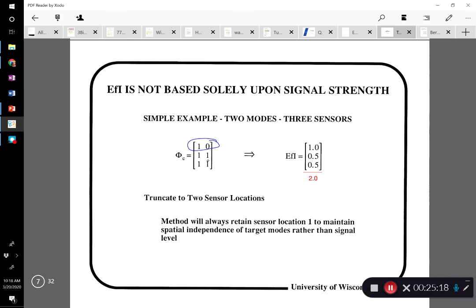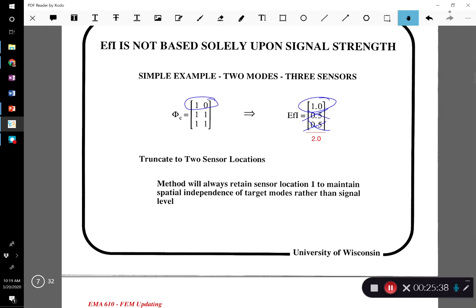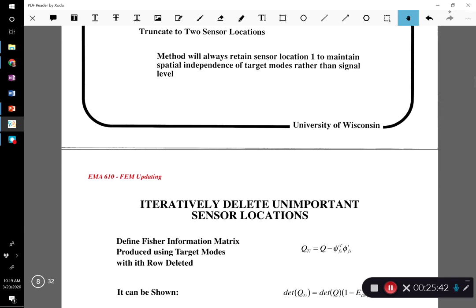And if you calculate the effective independence, you get these numbers. And so it would tell you that if you have to only keep one sensor, you eliminate the points that are less independent, and you would keep only that sensor. So again, this is a simple example. You could do that just looking at it, but for more complicated systems, this can be really valuable.